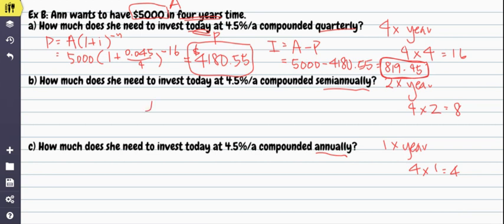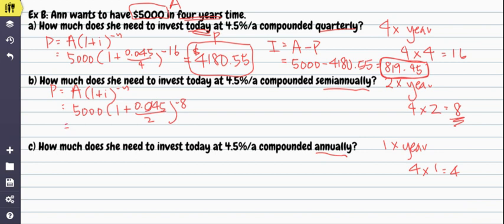Compounding semi-annually using the same formula, always writing our formula out beforehand because that's good form. 5,000 times 1 plus 0.045 divided by 2, because we have 2 compounding periods per year, to the negative 8, because it's going to be 8 compounding periods.